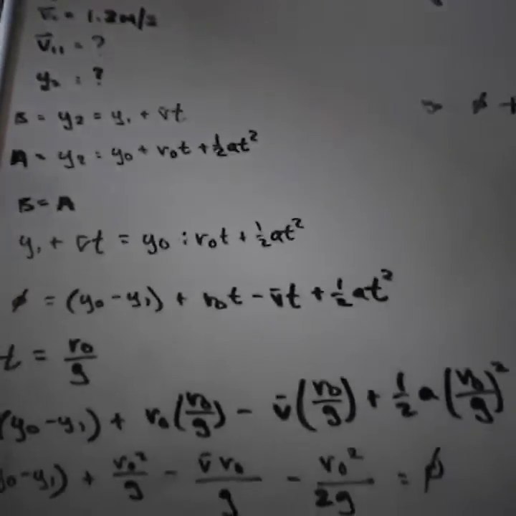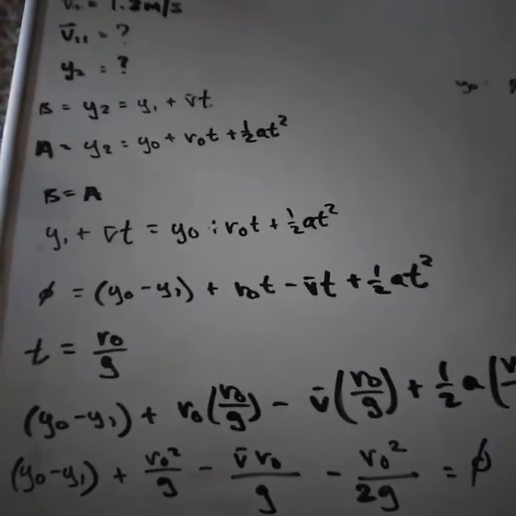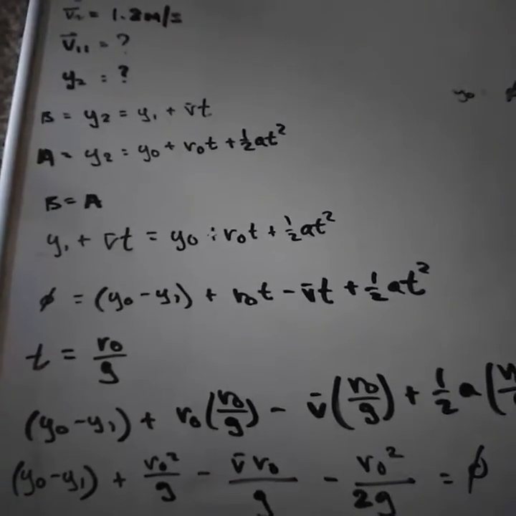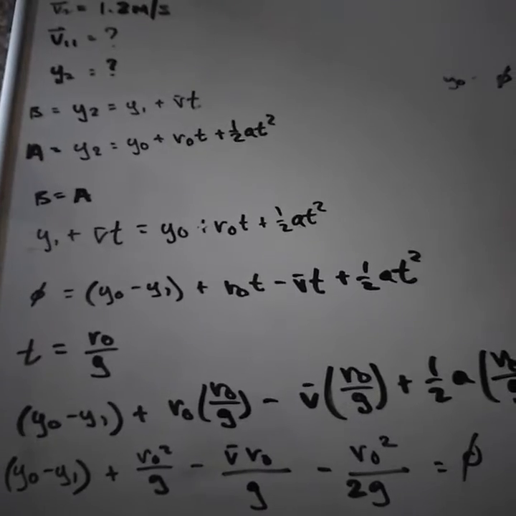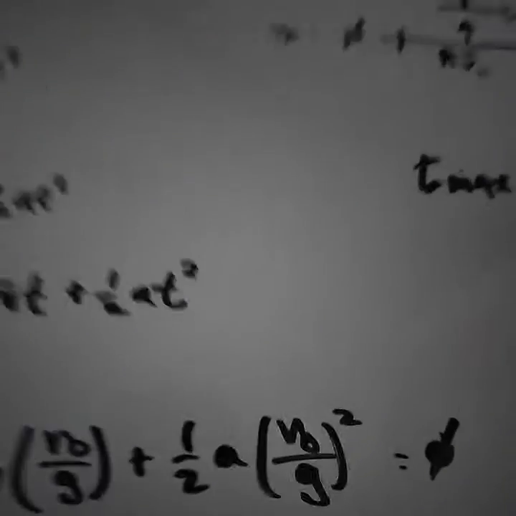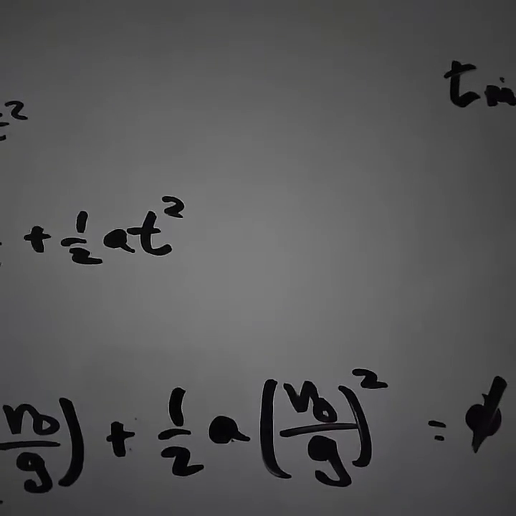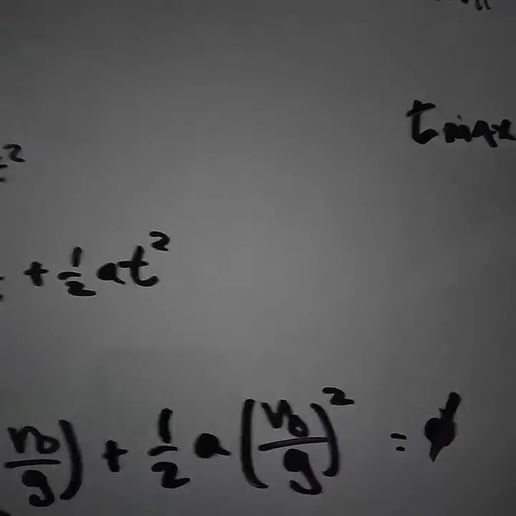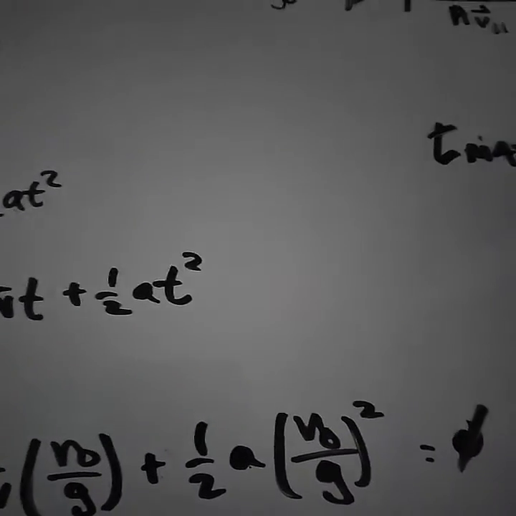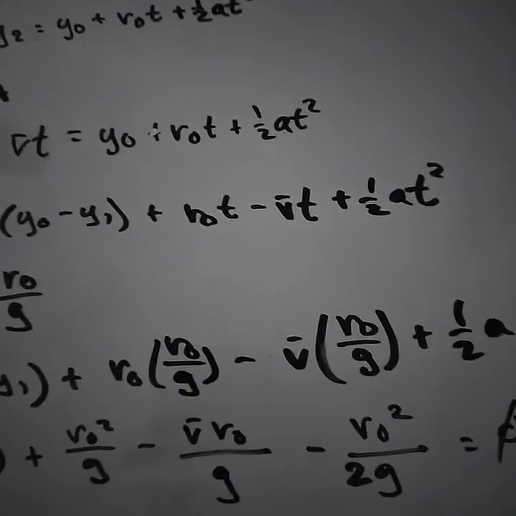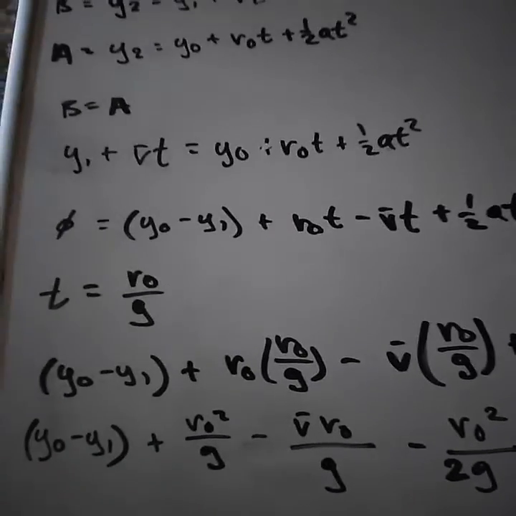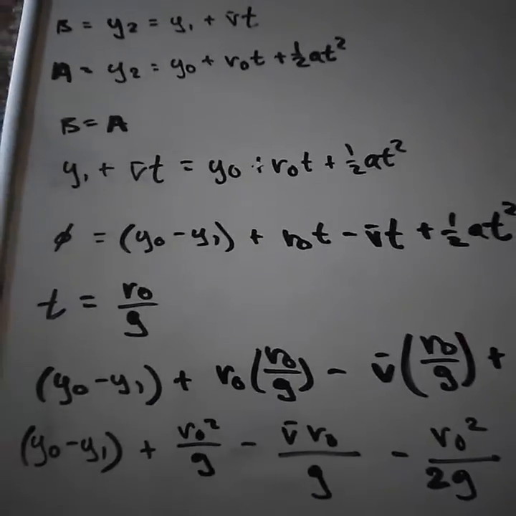Now rewriting it again, we have this. Now remember, this A is negative. V0 over g is positive, but A is negative. So we have this, of course equal to 0.